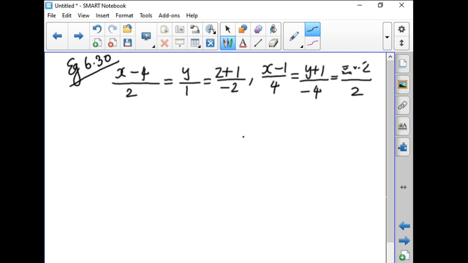After finding the angle, we have to say whether the given lines are parallel or perpendicular.